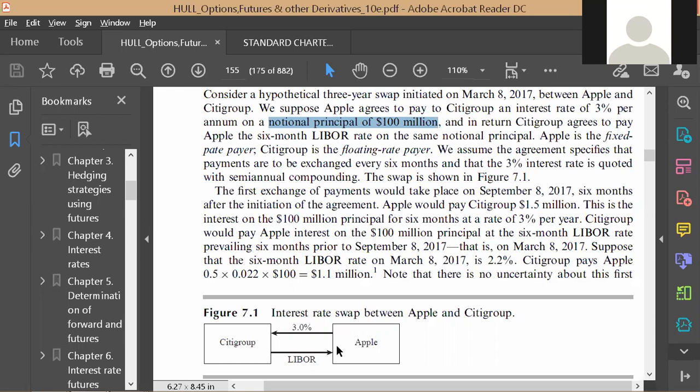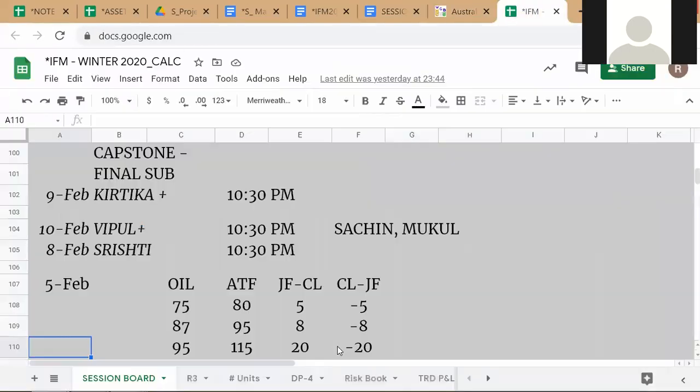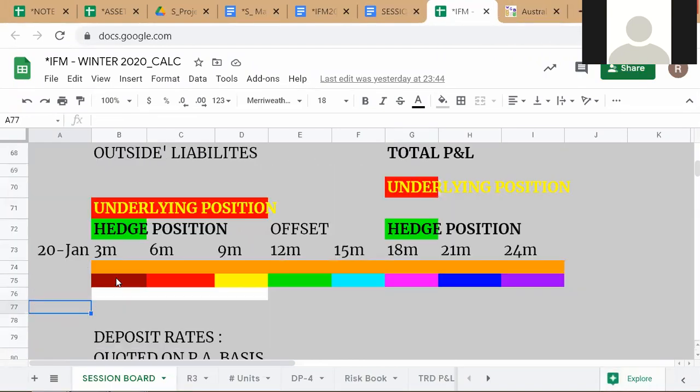6-month LIBOR means that, as you can see from our previous discussion, which was with respect to, say, a 3-month LIBOR, just imagine that this is 6 months.